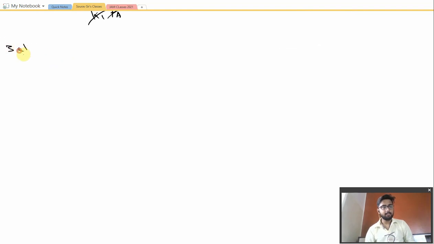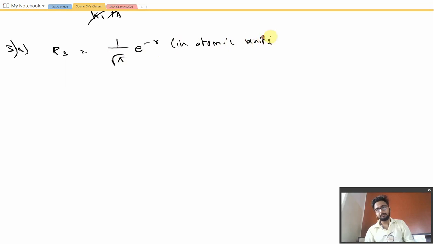So question number 3A says that the wave function of a hydrogen atom is given as Rs is equal to 1 by root pi e to the power minus r, obviously in atomic units. What will be the most probable distance of an electron from its nucleus in the ground state?